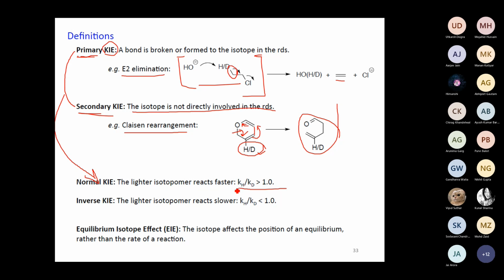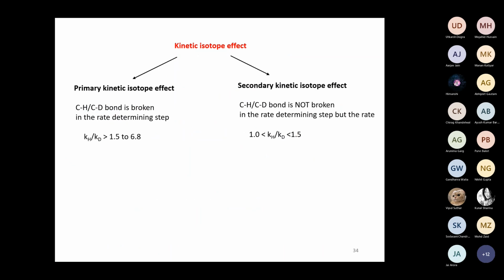Those are called normal kinetic isotope effect. It is divided into two, as I told in the last slide.